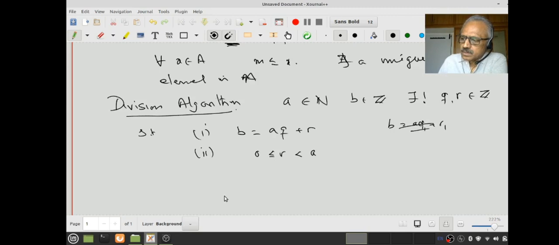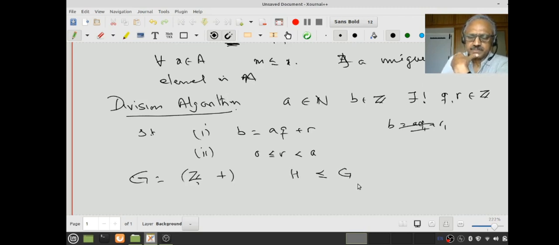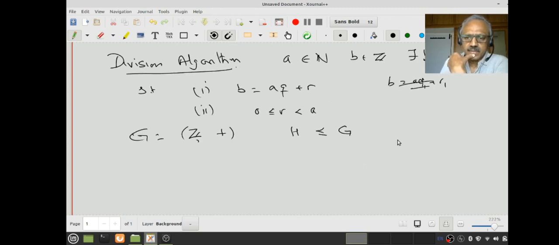Now let's look at Z as the additive group of integers. Let H be a subgroup of Z. If H is trivial, there is nothing to prove, nothing for us to investigate. So let us assume the subgroup H is a non-trivial, non-identity subgroup.